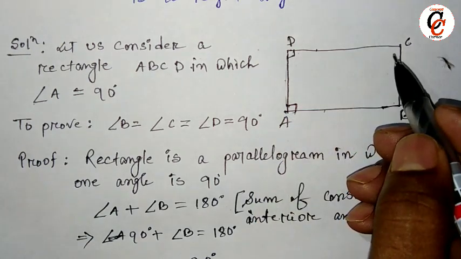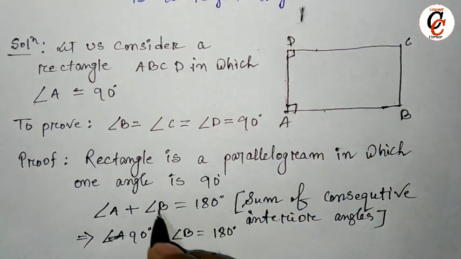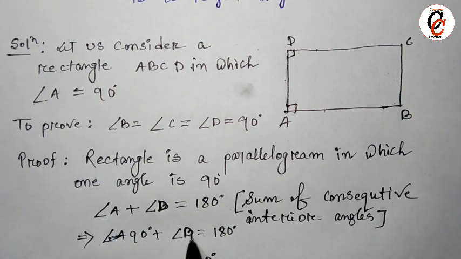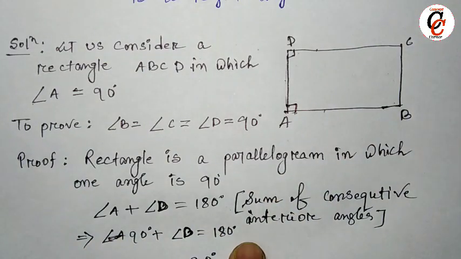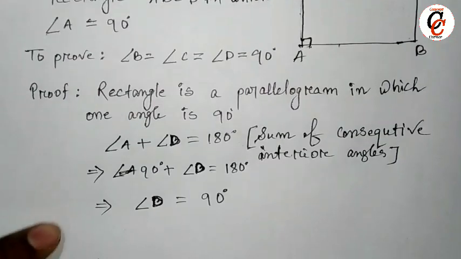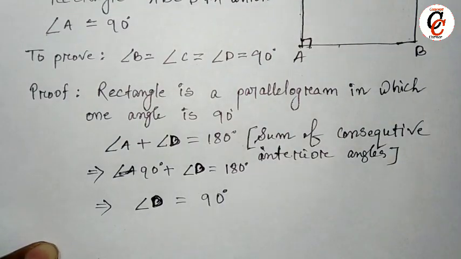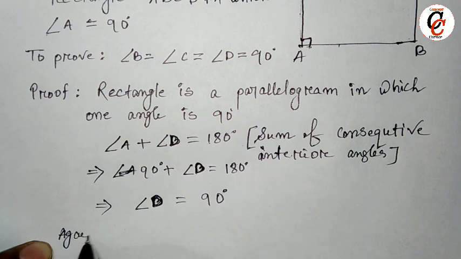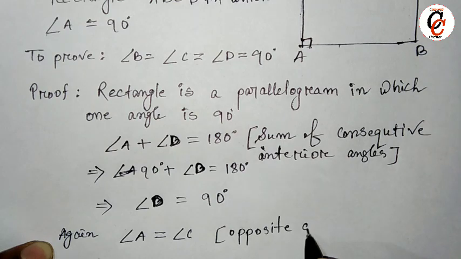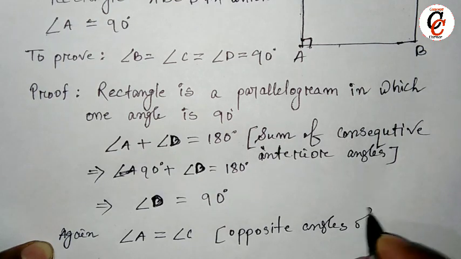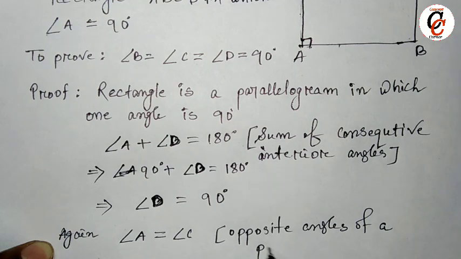So angle D, this is angle D. So A plus D is 90 degrees. Now see again, angle A is equal to angle C, opposite angles of a parallelogram.